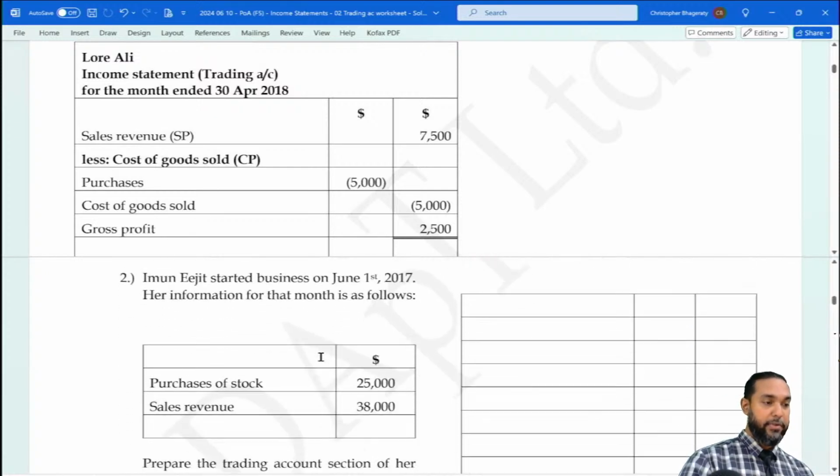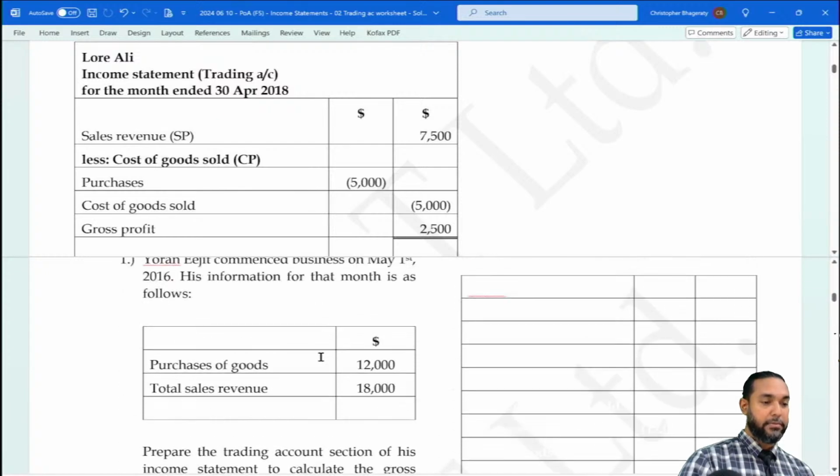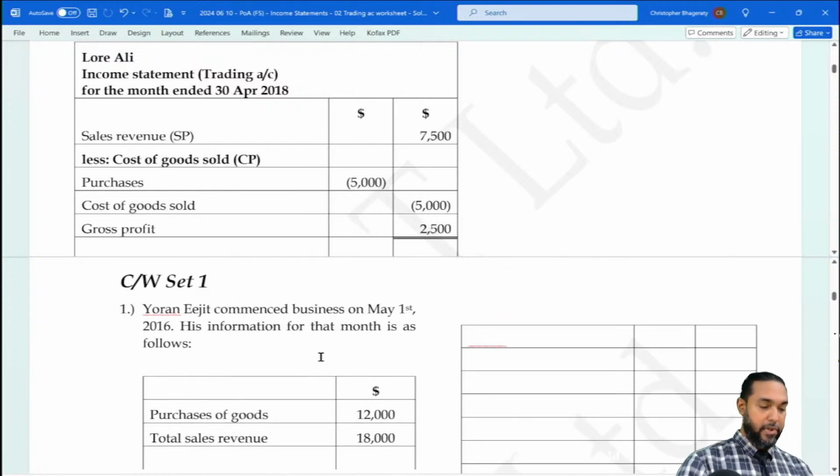There's a number two regular if you want. 55 and 30 is 93. 93.